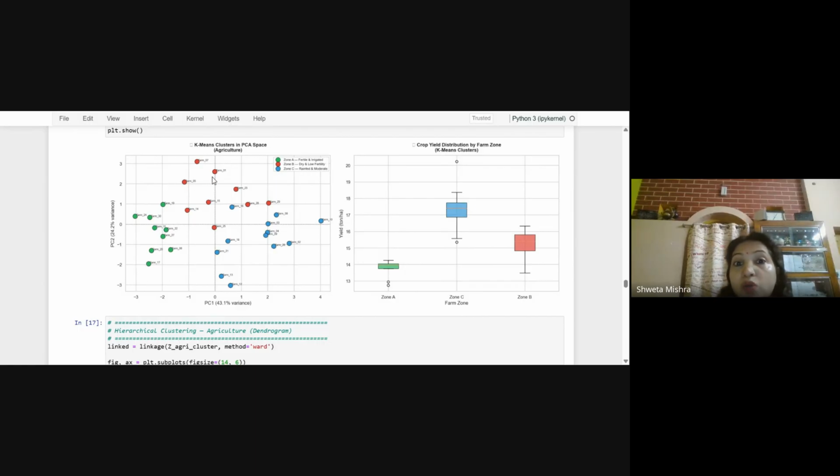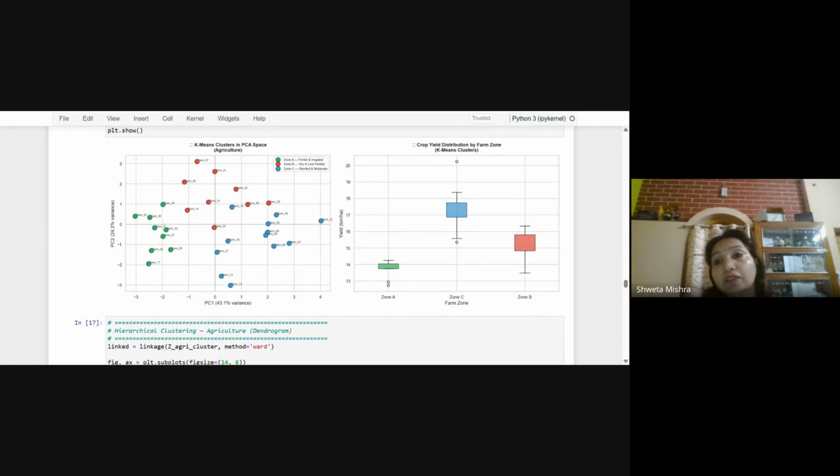Then red is zone B, dry and low fertility. You can see that if green is highly irrigated and so on, this is totally different. And then we have another cluster of rain-fed and moderate, zone C. Now, when we are using k-means clustering, how is the value of k decided?